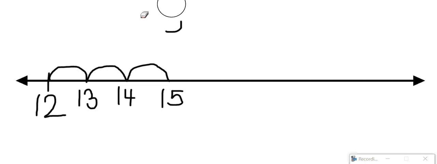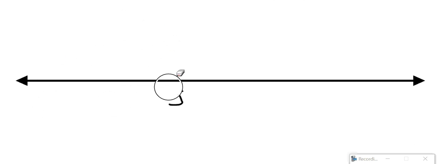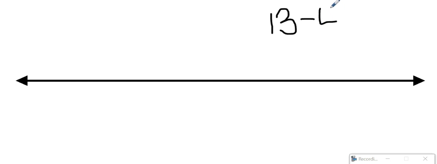Now, let's go and do another one. This time, we're going to do some subtraction. So I know that during this, if I'm making cookies at my house, if I made 13 cookies and 4 of them were eaten, how many are left?